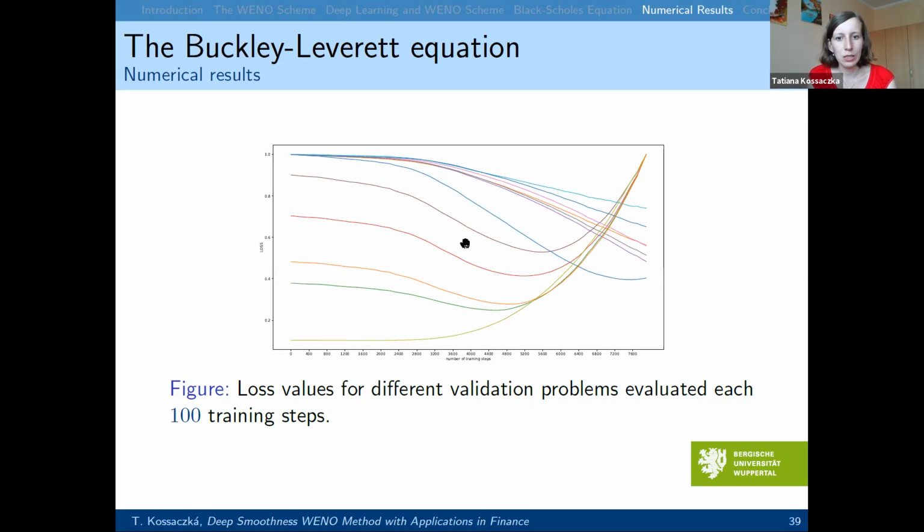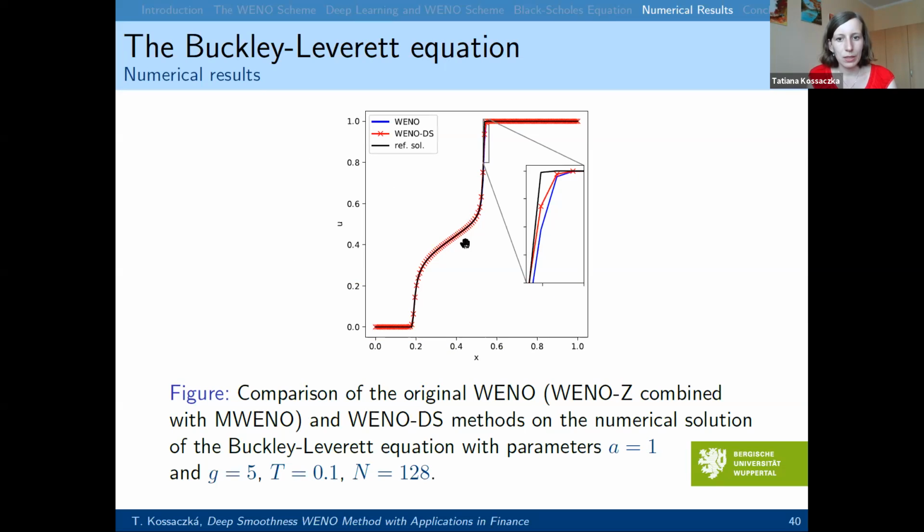And with this method, improvements can also be achieved. Here is just one example with some specific initial condition of this Bakry-Levert equation. We can see that our method here captures the discontinuity better.